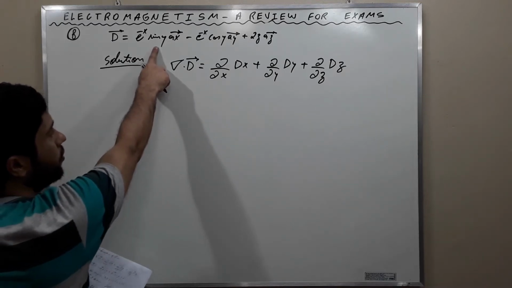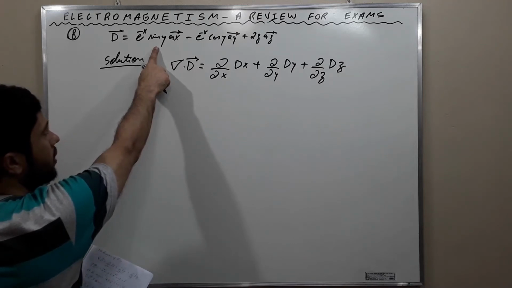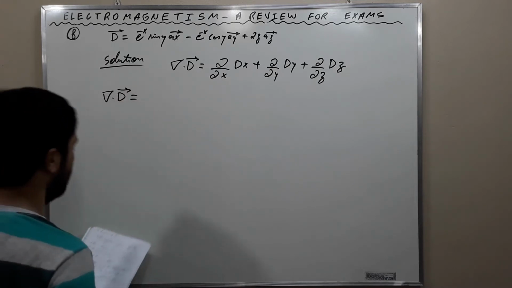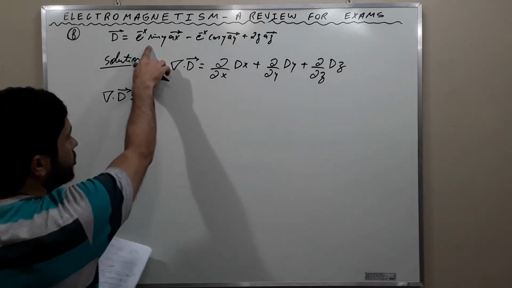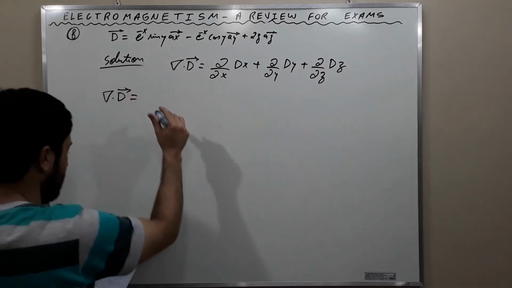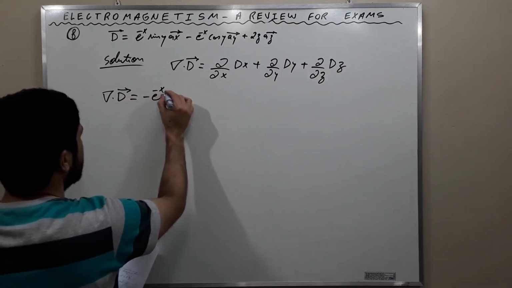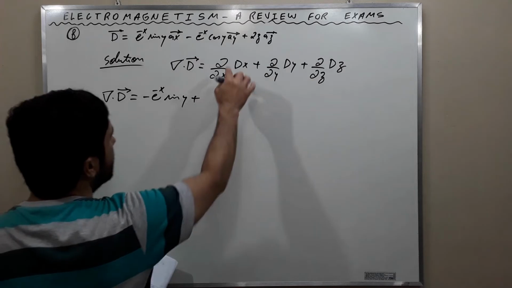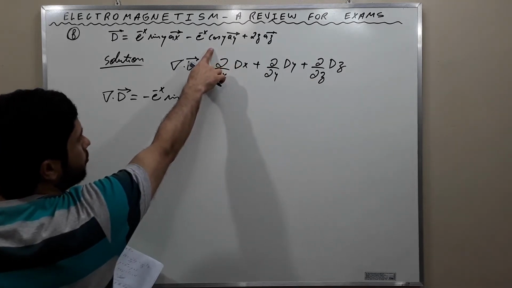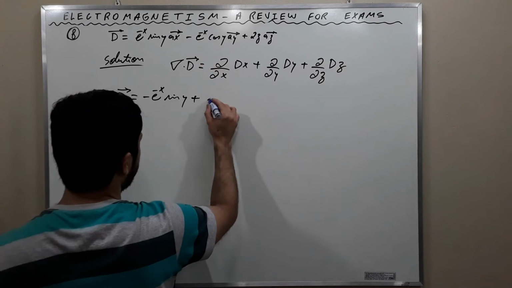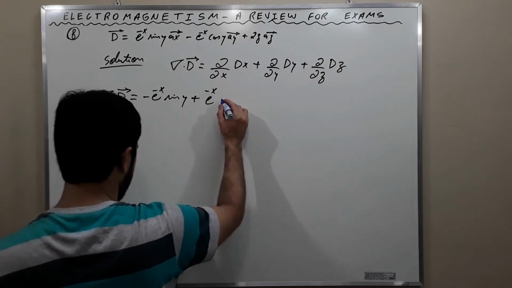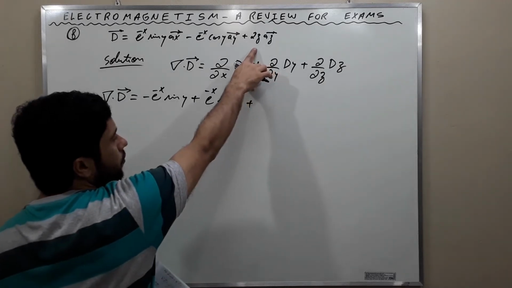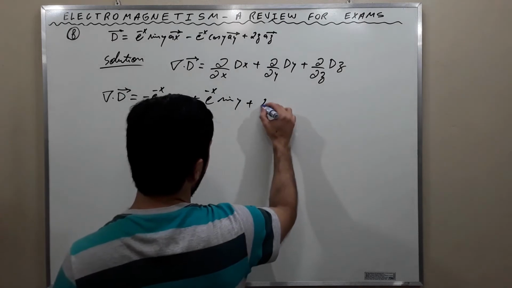The divergence of D is going to be the partial derivative of this with respect to x, which is negative e to the negative x sine y, plus the partial derivative of this with respect to y, which is e to the negative x sine y, and the partial derivative of this with respect to z is simply 2.